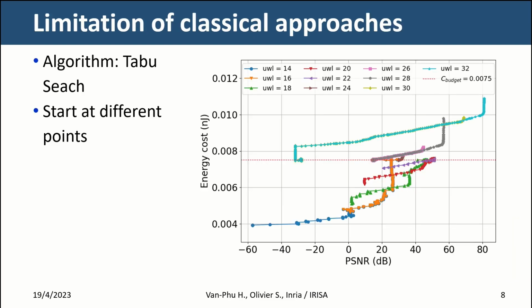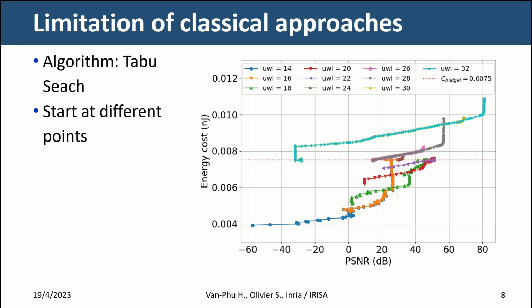So in this slide, we illustrate the limitation of classical methods in addressing the resource-constrained word length optimization problem. As a typical example, we consider tabu search, a state-of-the-art approach in this field. Tabu search is an iterative optimization algorithm that starts from an initial solution and progressively improves the solution by searching the neighborhood for better ones.